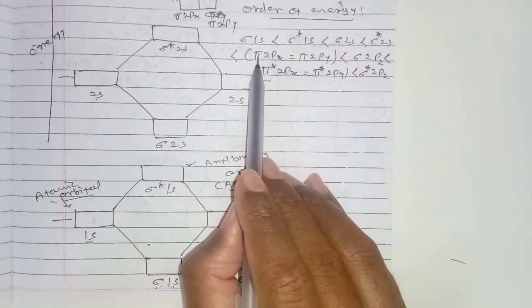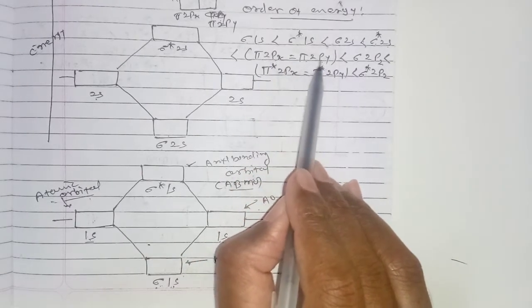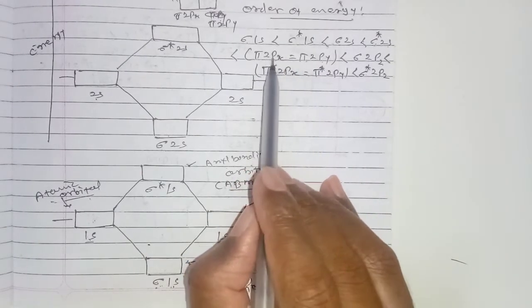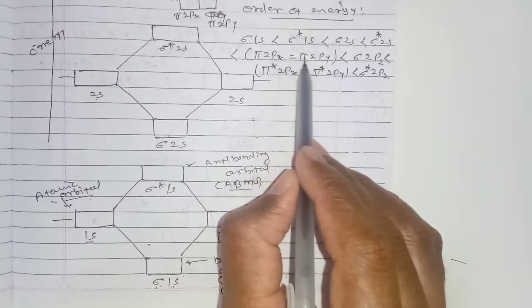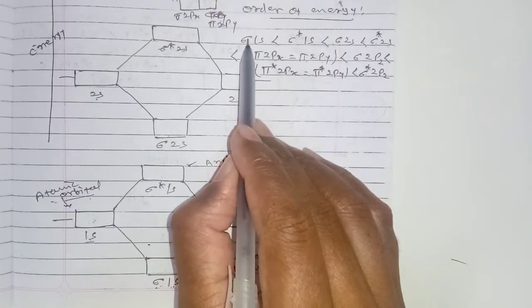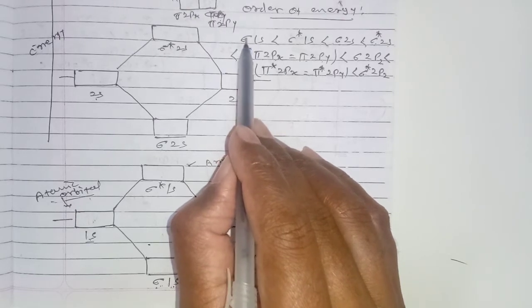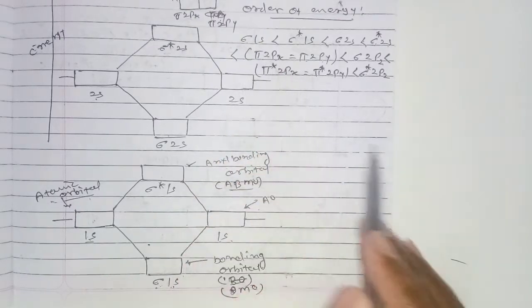Here pi 2px and pi 2py form a double bond, and sigma forms the single bond.